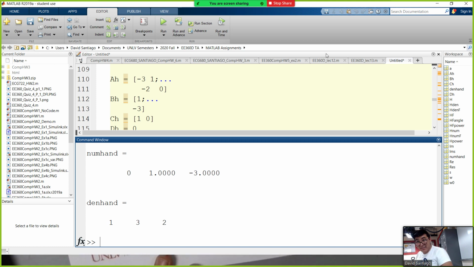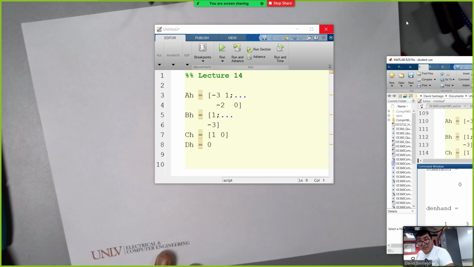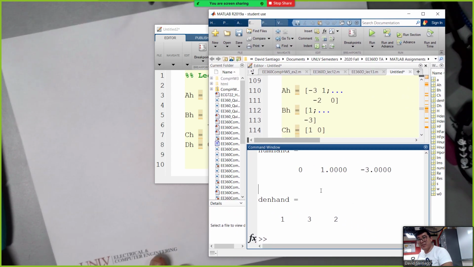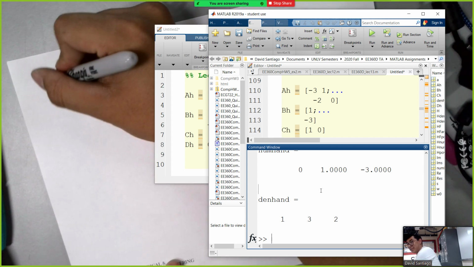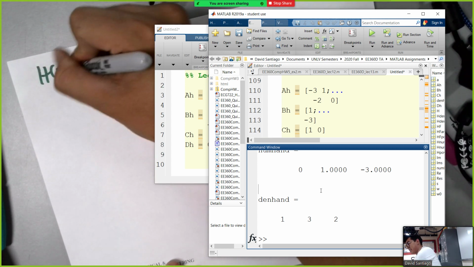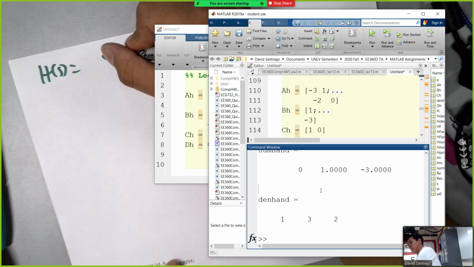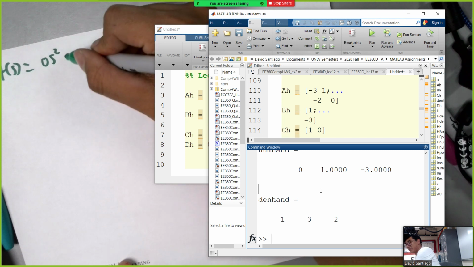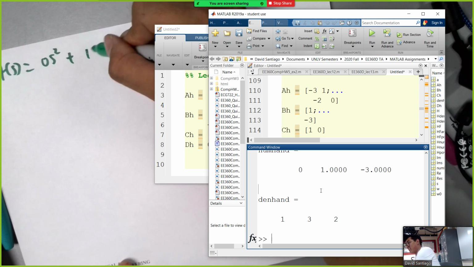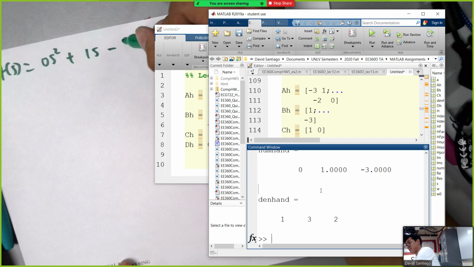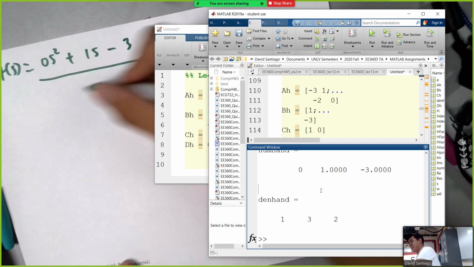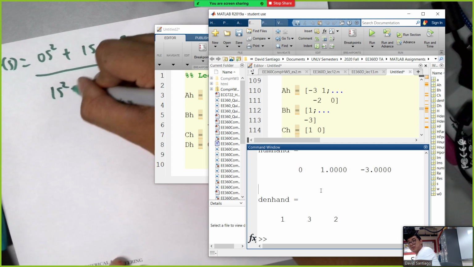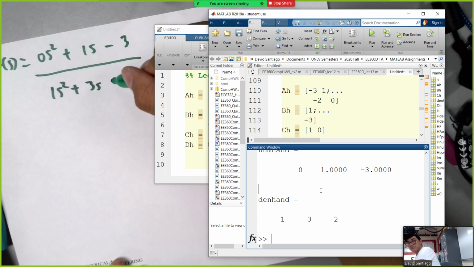MATLAB is saying h of s is equal to 0s squared plus 1s minus 3, divided by 1s squared plus 3s plus 2.